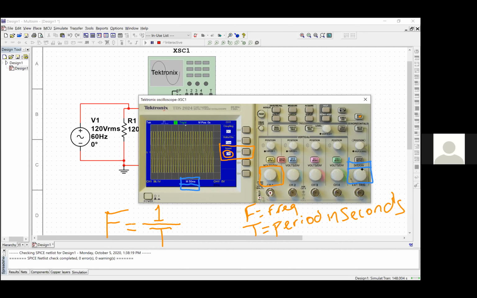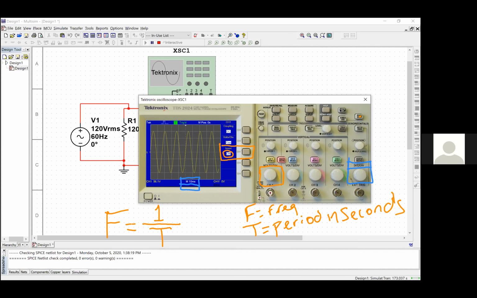I change it to 50 milliseconds and the signal changes right away. Why? Because of the frequency. Can you see how I was able to change the signal? It will be easier when you do it in the shop because it's something physical, it is easier to move.